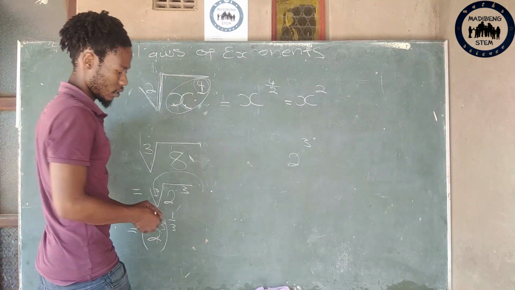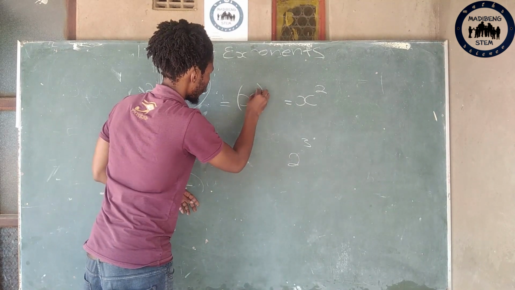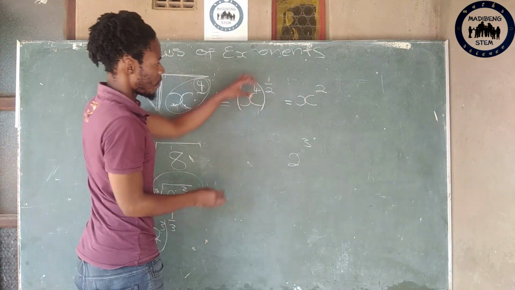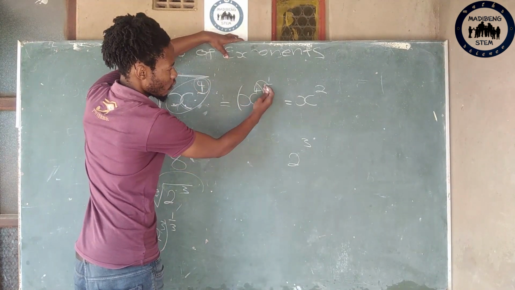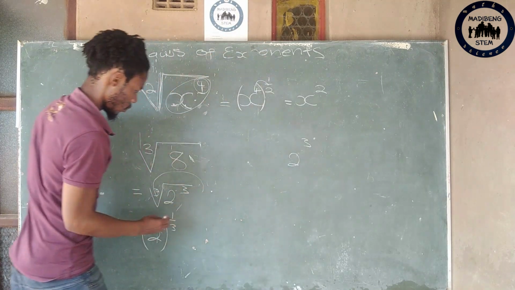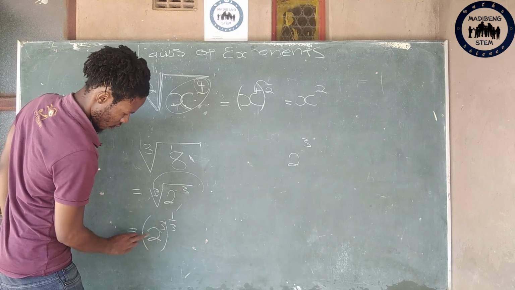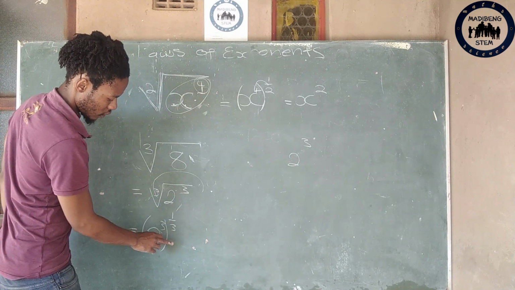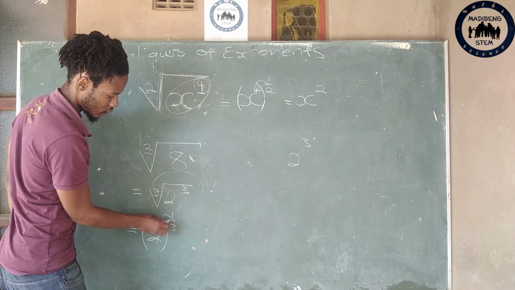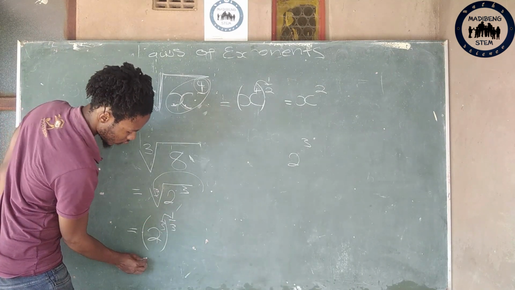This is how you do it. For 1 over 2, I multiplied this with this to remove my bracket, so I ended up having 4 over 2. Don't be confused. Even here, I ended up having 1 over 3, and I still have the 3 here. So I will multiply this with this, and this gives us 1. So my answer now is 2.